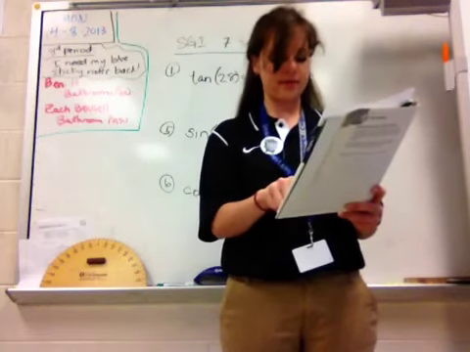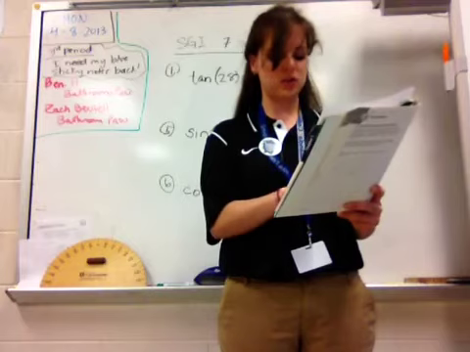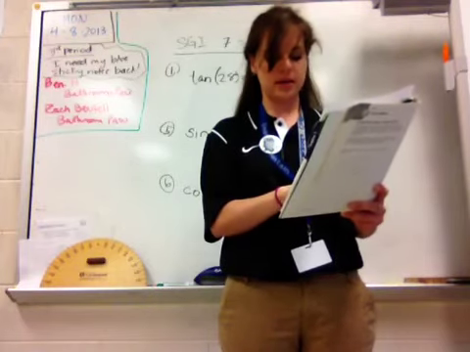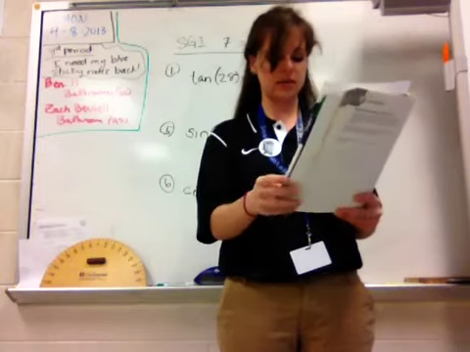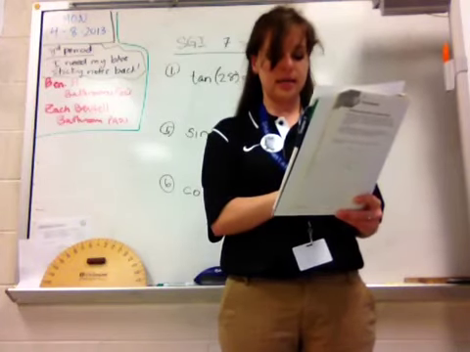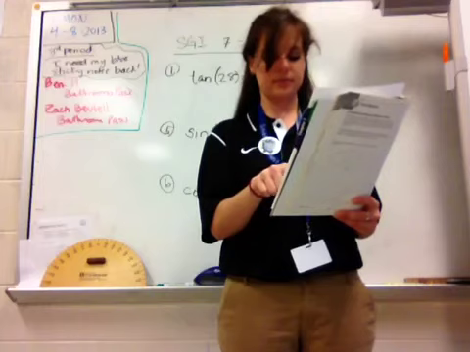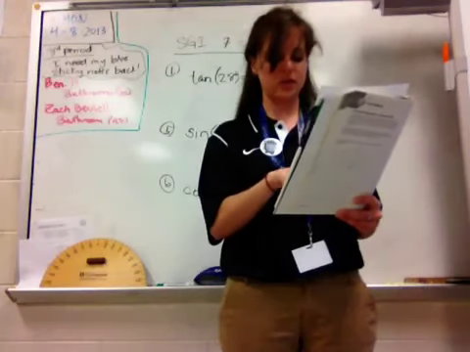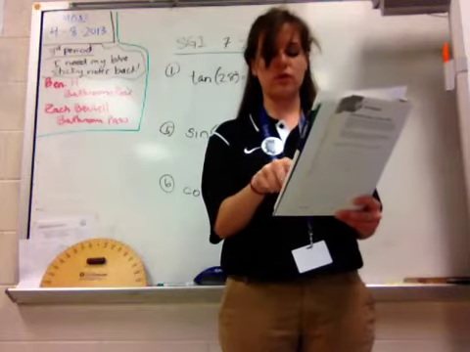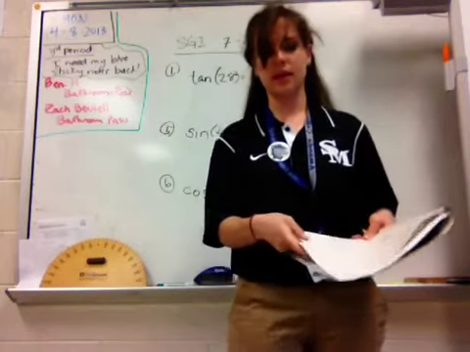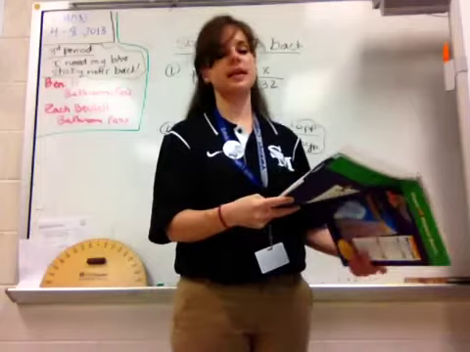Number 5, your answer is 16 over 20. Number 6, your answer is 12 over 16. Number 7, your answer is 16 over 20. And number 8, your answer is 12 over 20.